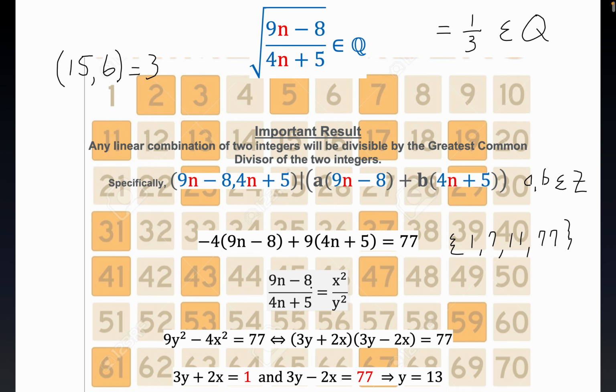Now, what we do is go ahead and set the numerator, like right here. I'll go ahead and just write this up here. You can write this as x over y, where x and y are integers. And notice that if you square both sides, this is what happens. If you square both sides, you get this condition right here. So assuming that the numerator and denominator are relatively prime, we can write it like this because there's not going to be anything here that cancels, right?